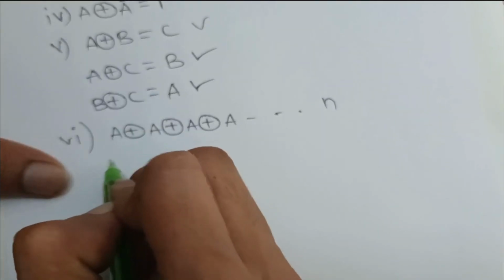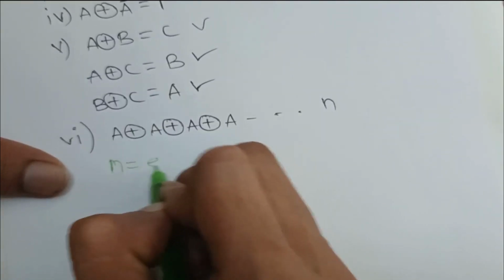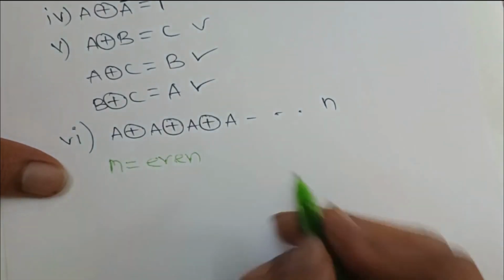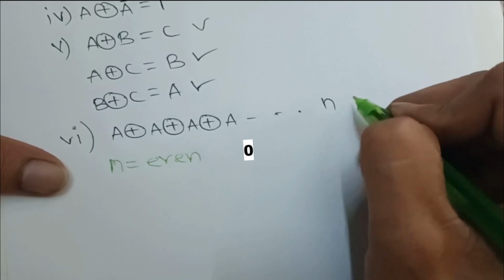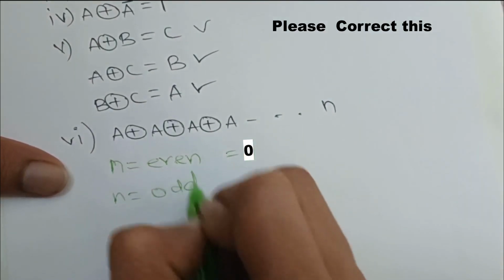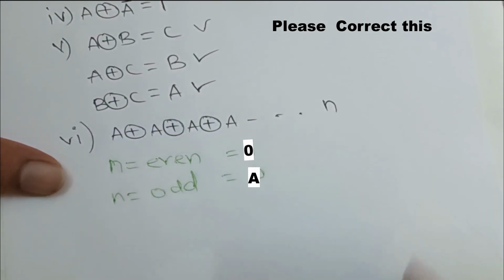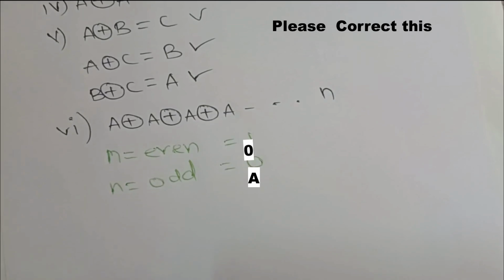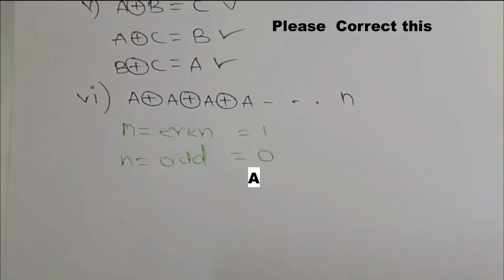If n is even, then its value is going to be 0. If n is odd, then the value is going to be A. This is one of the most important properties that we are going to use in our further videos. Hope this is clear to you all.